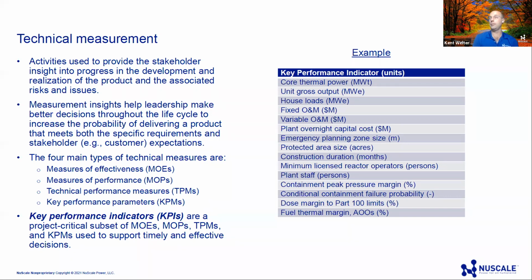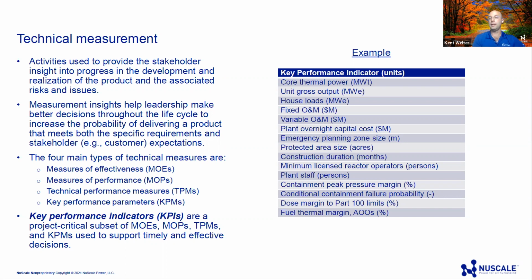Conditional containment failure probability. I presented earlier on plant technical requirements that we had a requirement that it should be less than or equal to 0.1. And so if we're going through any design modifications or tweaks that potentially could impact that, we'll calculate that and see how we compare against it, and that'll be input into the decision process.